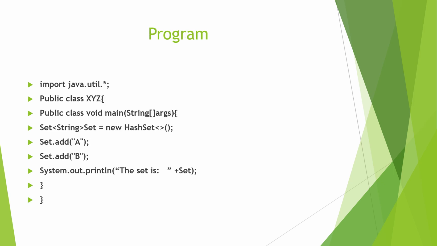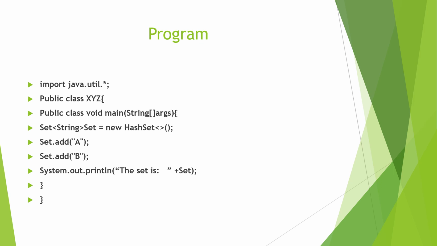So let's see the program. First we have to import the package. Over here I have taken the java.util package. Then I have created a class whose name is xyz. After that, the main function has been started. Under that main function, the first step is I have created a Set interface. First is the name of the interface, which is Set with capital S. Then I have used the data type, which is String with capital S. And then I have taken a set name.